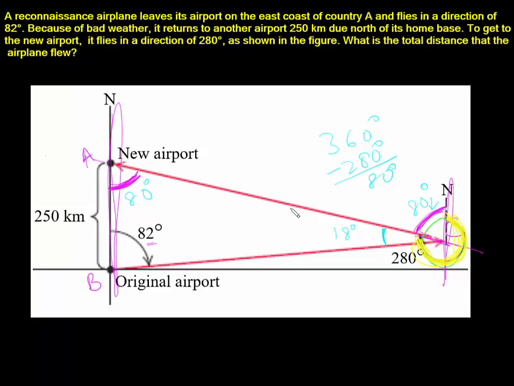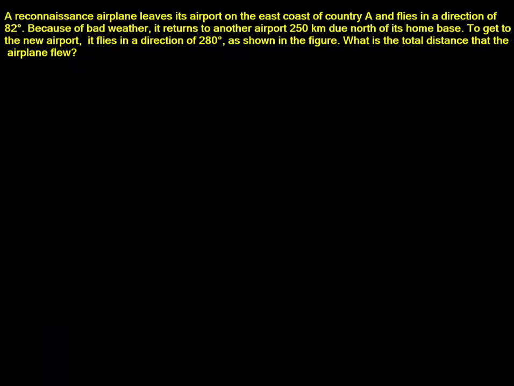Before I go any further, let's get rid of some stuff and I will redraw that triangle just here. We said this is A, B and C. This angle is 18 degrees, 80 degrees and 82 degrees.